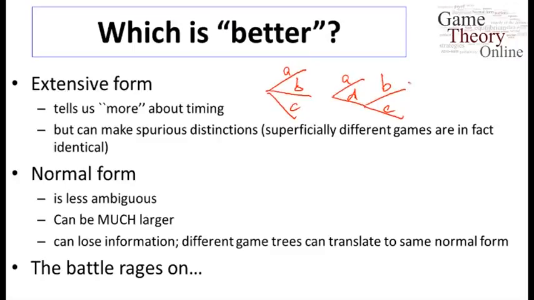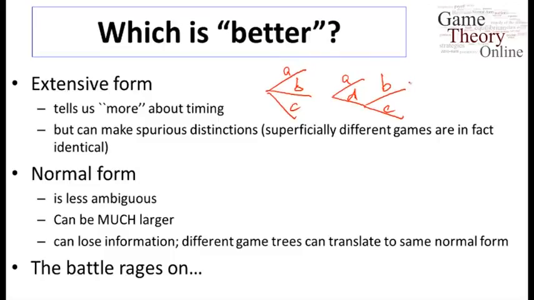Some would say that the normal form is unambiguous. It doesn't let you guess about what's being represented. On the other hand, it can be much, much larger. Even in our example of the Battle of the Sexes, we had 7 nodes in the tree as opposed to the 8 cells in the game. That's a very small difference, but in general, the difference can be exponentially large.